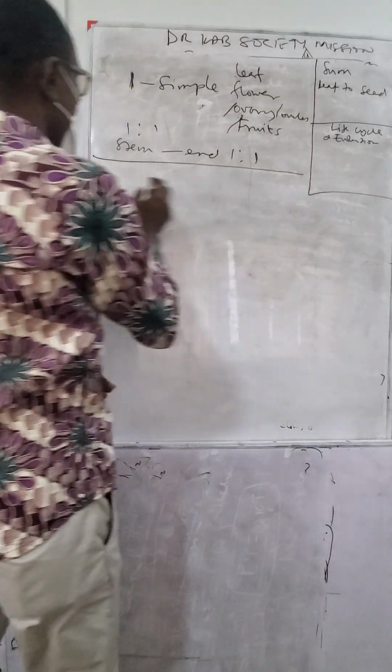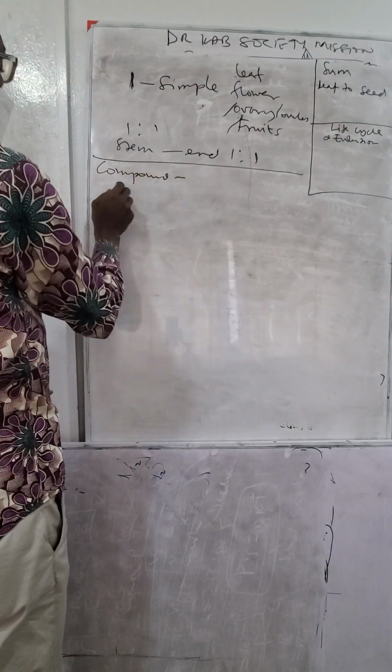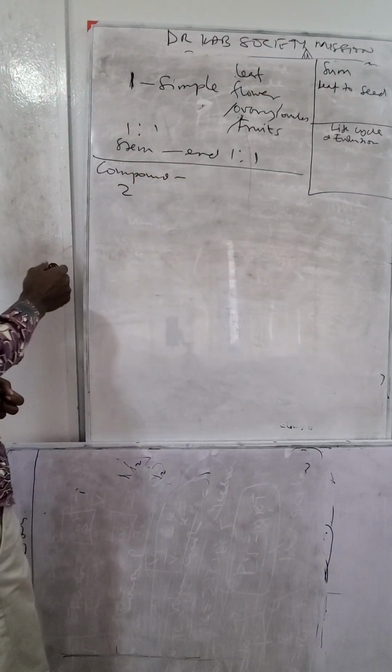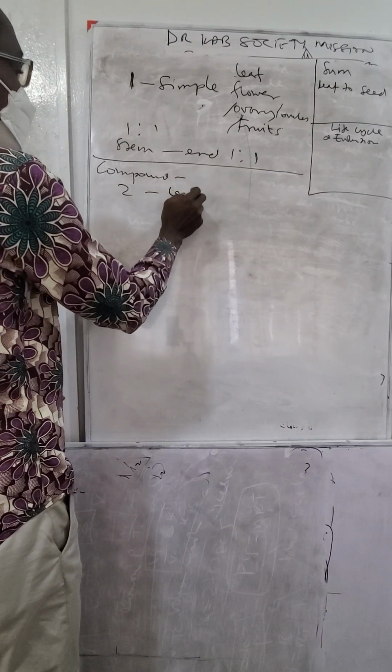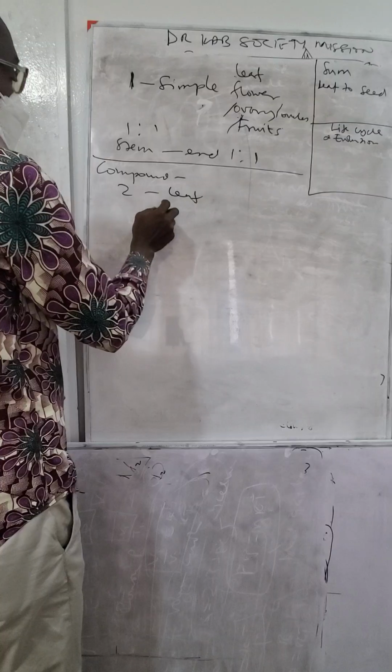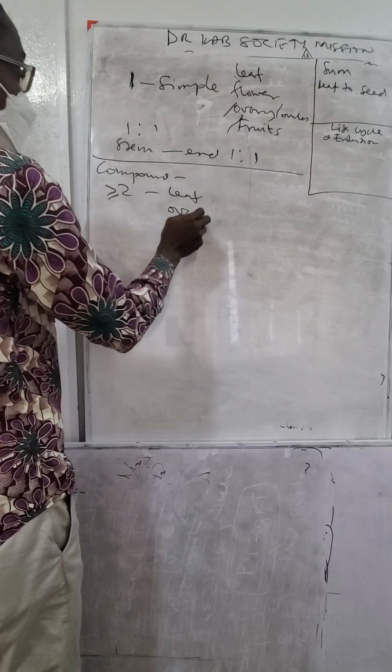Now if you say compound, then it means you have two, or more than two, from the same thing, for example leaves.